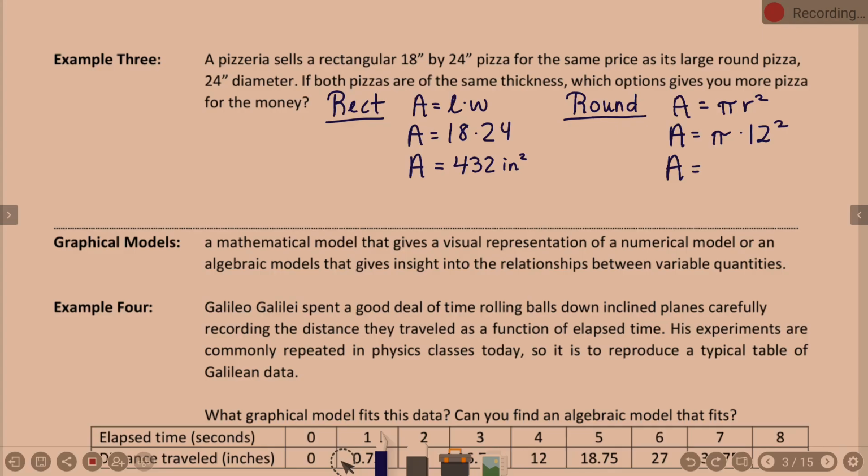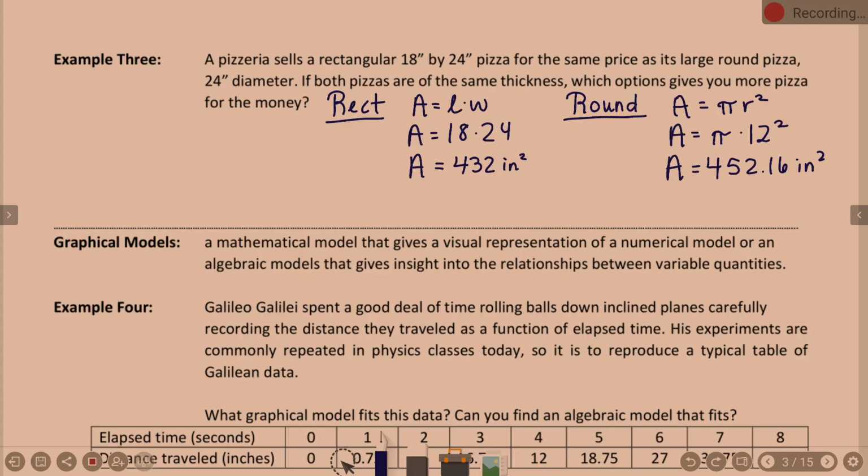It's about 452.38. Normally I like 144 pi, but we need to be able to say which one is bigger. So 452.16 inches squared. Where's your better pizza?